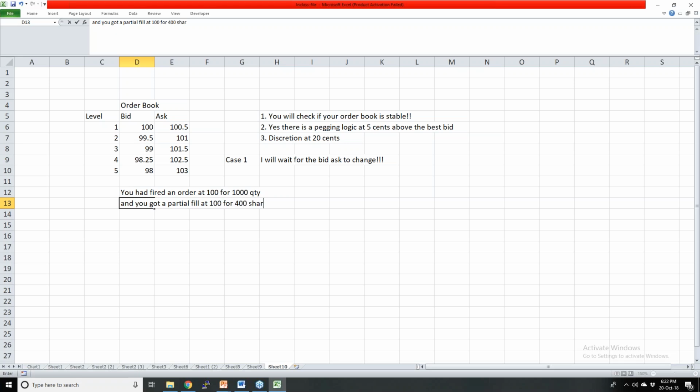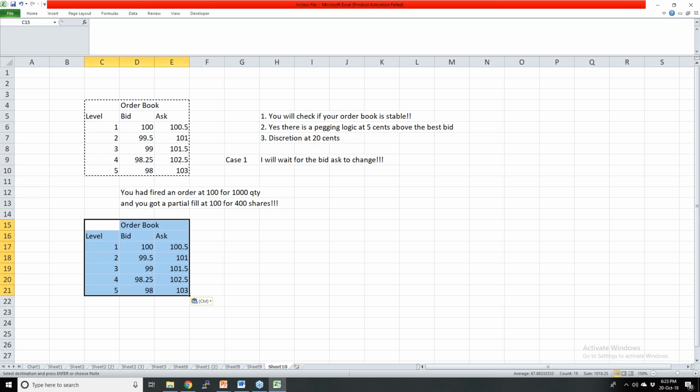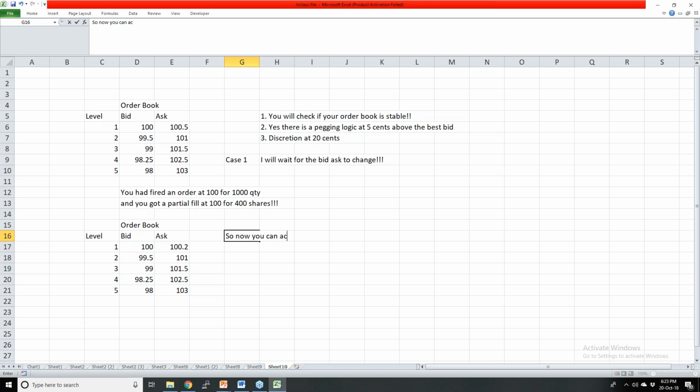For say 400 shares, right? And then after this, the order book moves to 100.2, right? So now you can actually fire a discretion order, right?